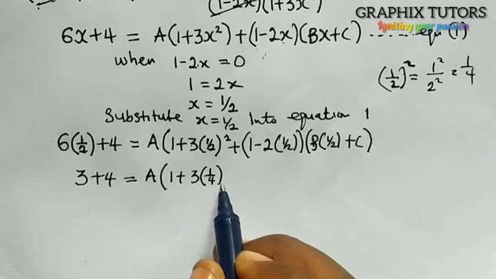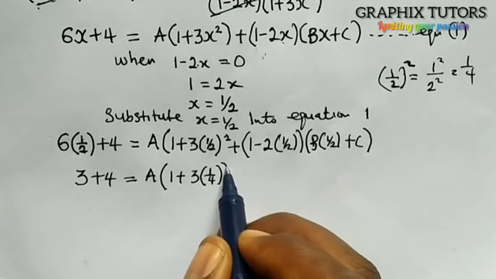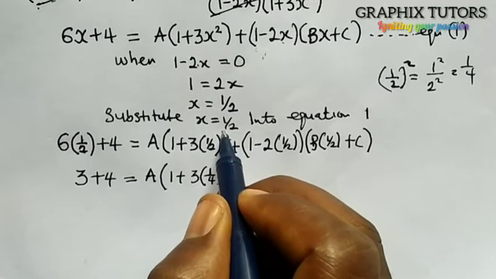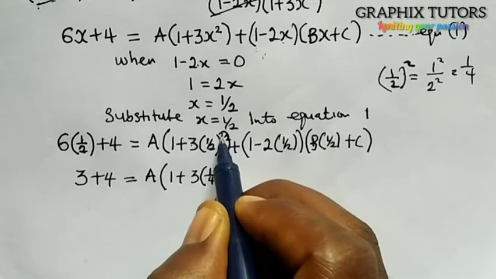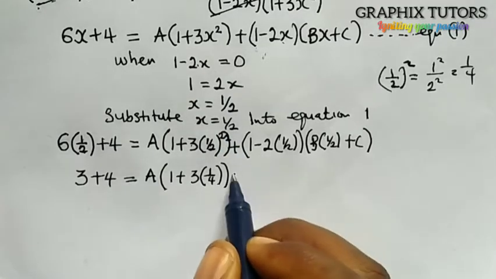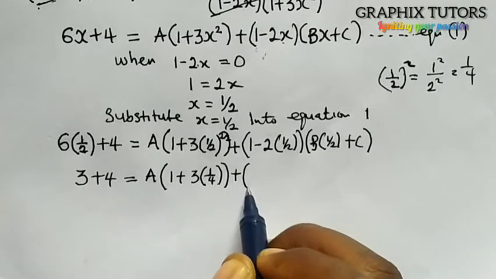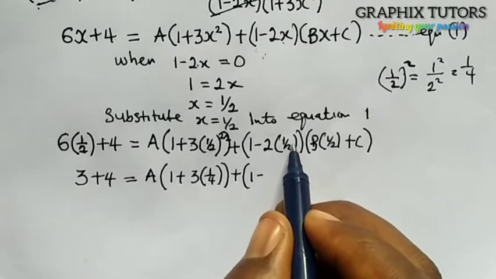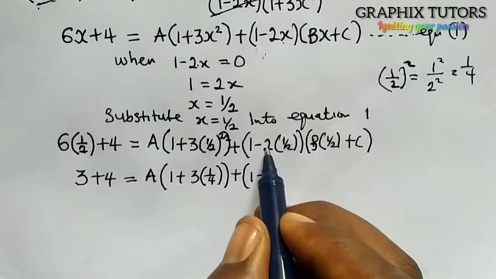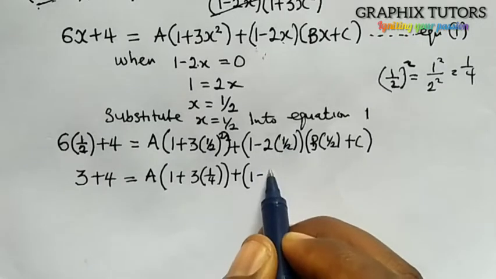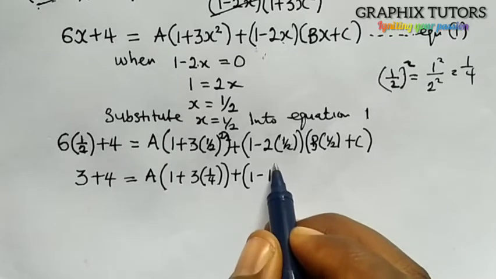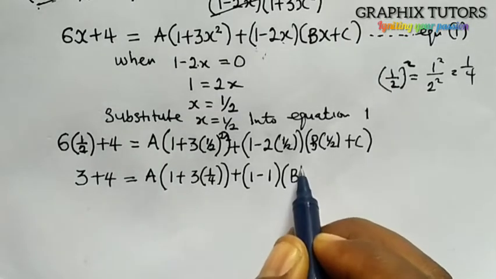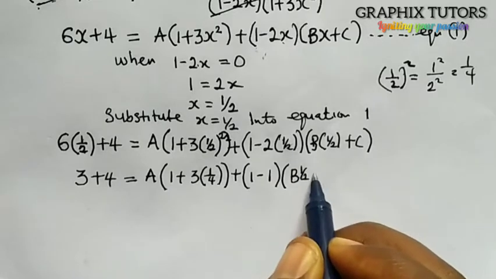I'm putting my 1 over 4 here. Close the bracket, equals plus, open the bracket, 1 minus 2 times 1 over 2, the 2 cancels 2, is 1. 1 times 1 is 1, right? So open this, we have b times 1 over 2 plus c.